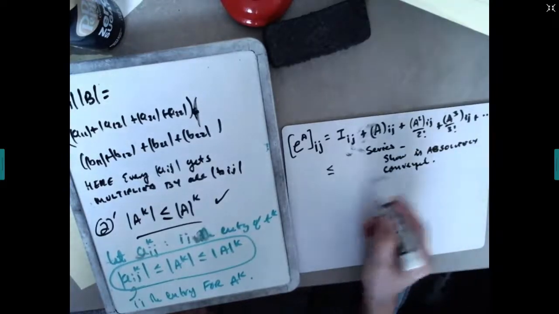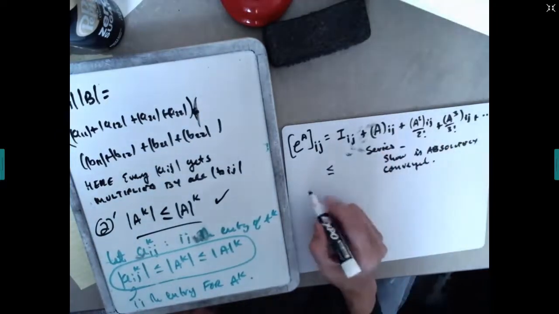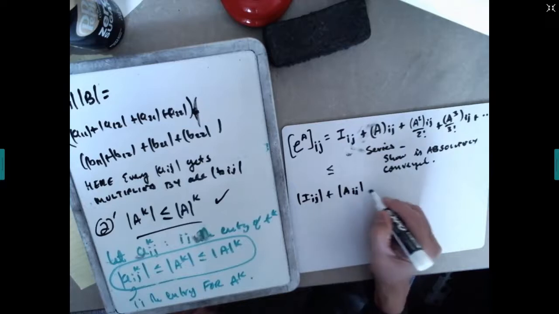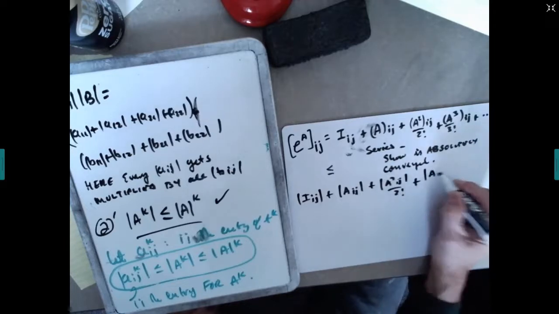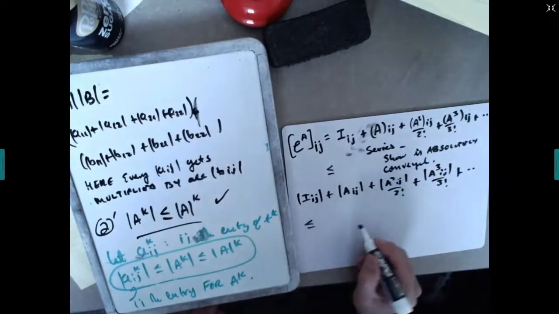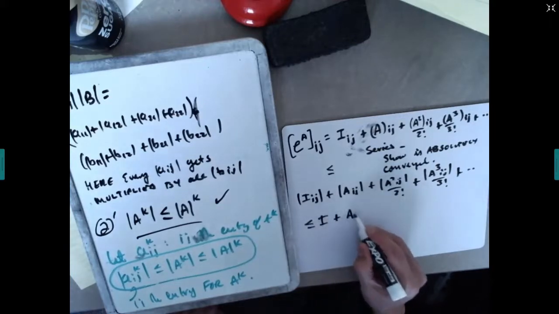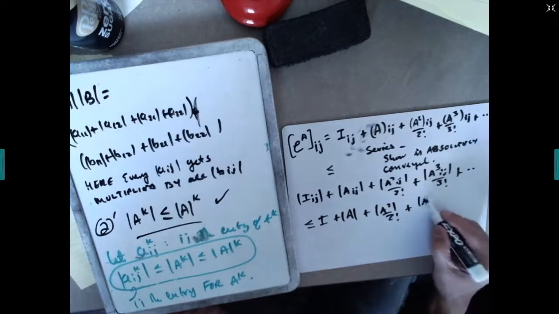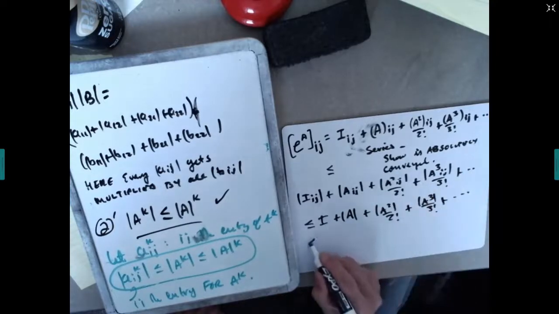Well, we know that from this part right here, if we just look at the absolute values now, so I'm just slapping absolute values here, that's less than or equal to the norm of I plus A squared over 2 factorial plus A cubed over 3 factorial plus etc., which is less than or equal to, by this.